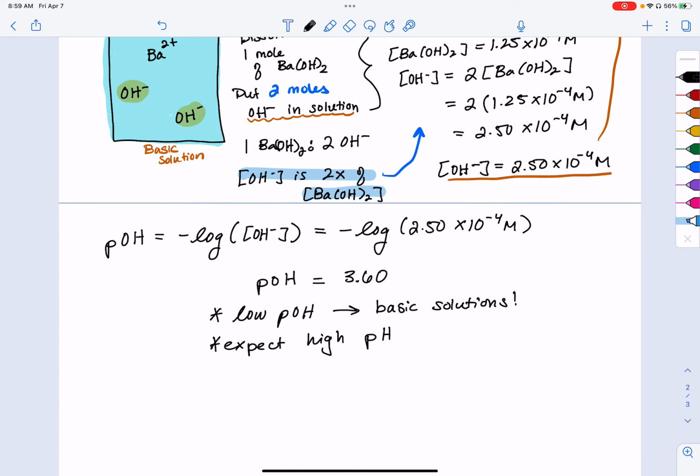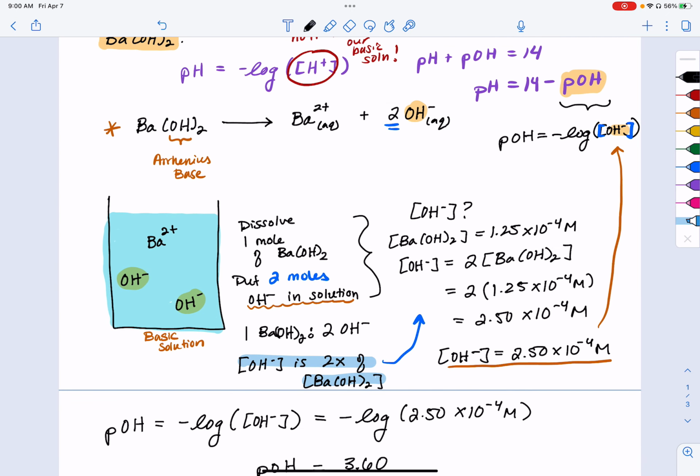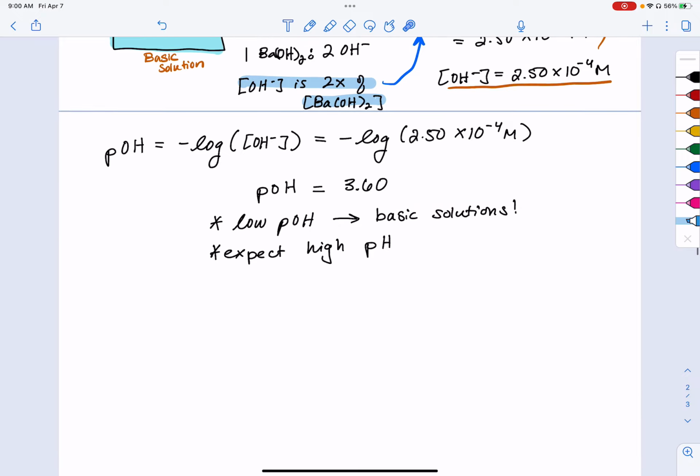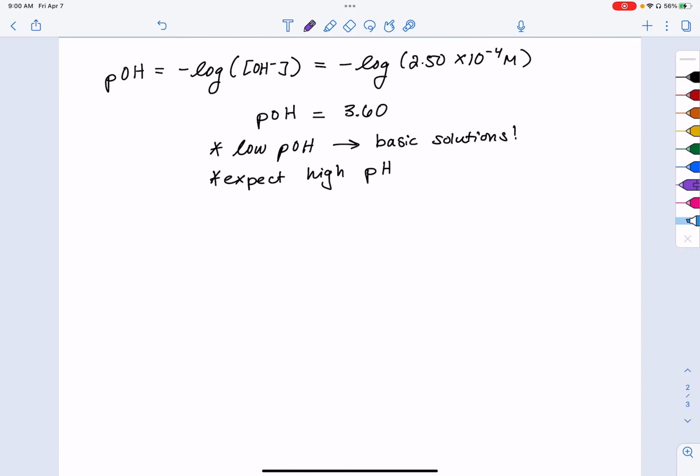So let's go back and use our equation that says that pH is 14 minus pOH. So pH is equal to 14 minus my 3.60 pOH, meaning that the pH of my solution of barium hydroxide is, let's see here, 10.4.